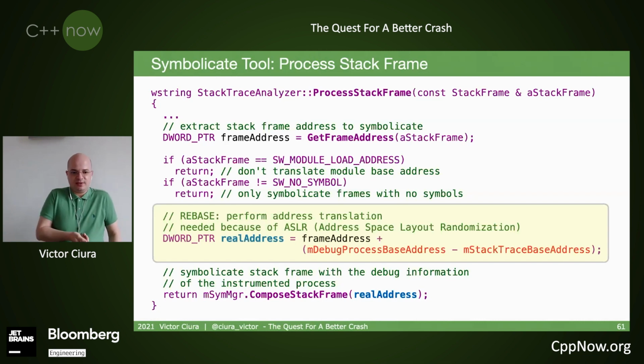And we obtain the real address and we decode this information for this real address. And we identify, okay, for this real address, what's the symbol for this address, so that we show the nice demangled symbol for this address and the source location for it. And the compose stack frame for real address there in the last line does all this decoding and displays it as a nice string like we've seen.